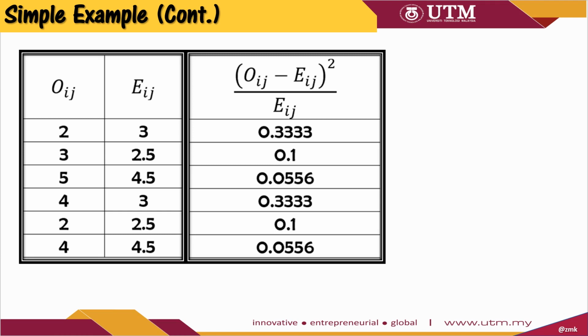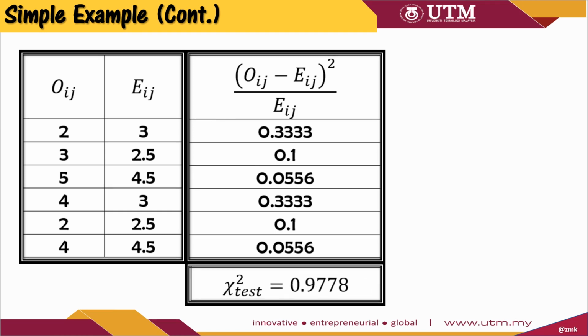The sum of these last column values is the value of the chi-squared test statistic that will be used in the independence test. Please be reminded that there is no constraint on Eij values, where you do not have to combine the Eij values if any of the Eij values is less than 5.